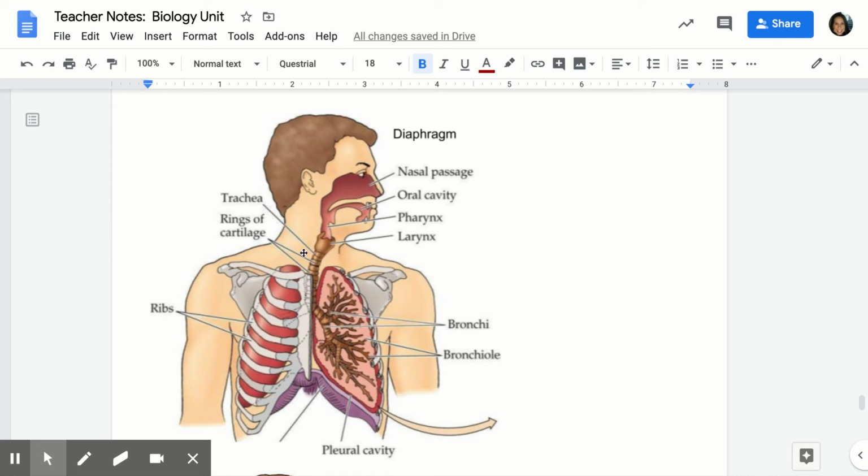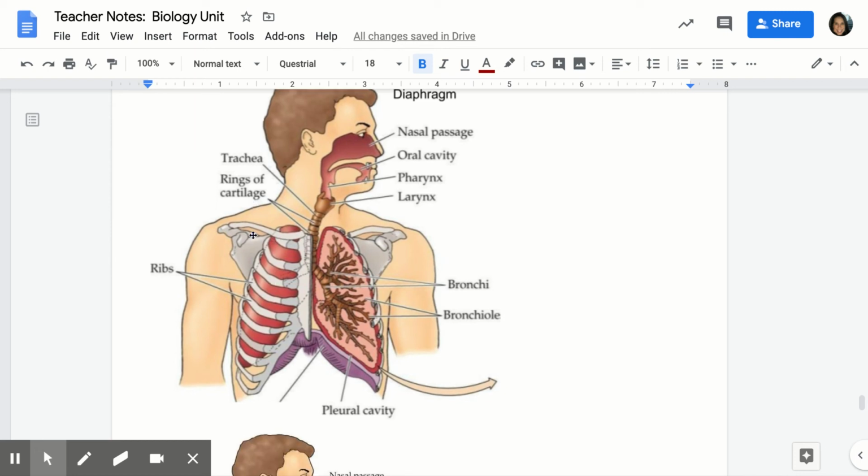Our trachea is a long, thick cartilage tube. It has these cartilage rings around it. It's also known, our common name is a windpipe. Okay, the rings of cartilage actually help to provide a lot of structure and to prevent that windpipe from being crushed. So you need to exert quite a bit of force in order to do that. Our ribs are the protective structure around our lungs.